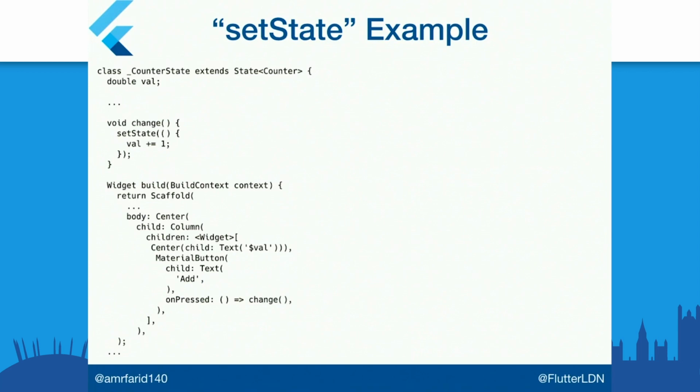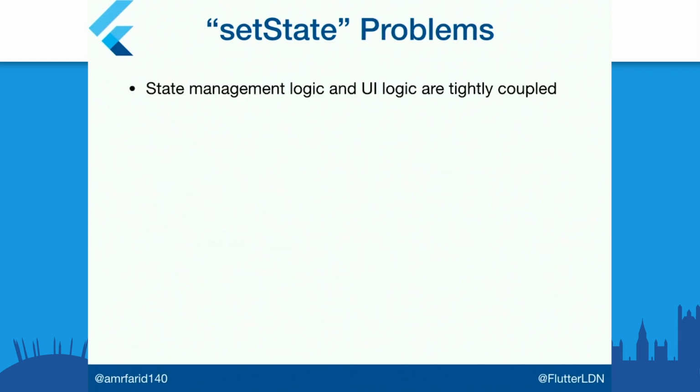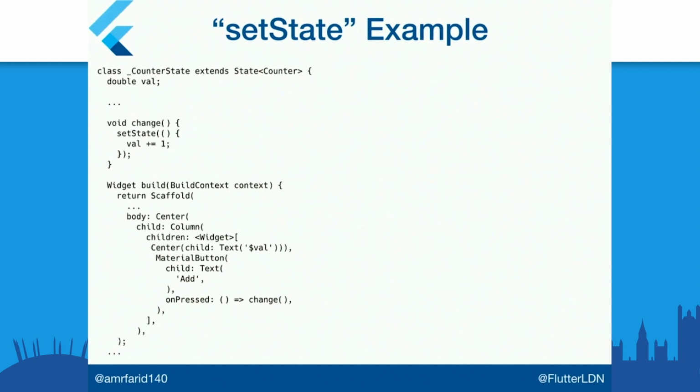Now, the issue here is that if I want to test this, I'll have to do a UI test. To test my state management logic, I'll have to find the button, click on it, which will execute the function, and then find the text and see what its value is. So it makes everything not testable, not scalable.